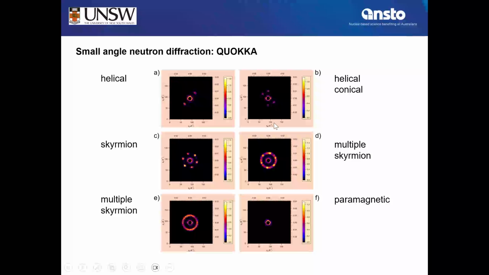Sometimes we have 4 Bragg peaks, then we have magnetic twins, so 2 zebra stripes. And now in the skyrmion range, sharp 6 peaks. But sometimes they are rotating and fluctuating, and we end up with a ring type structure.